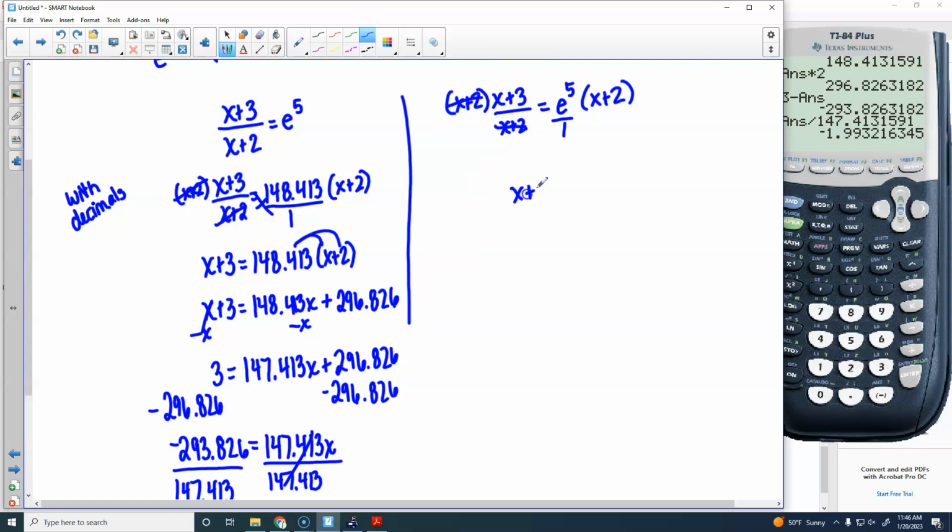I would have x plus 3 equals e to the 5th times x plus 2. Just like I did for the problem over here, I would distribute my e to the fifth, but I'm just not using decimals yet. So x plus 3 would equal e to the fifth times x plus 2e to the fifth.